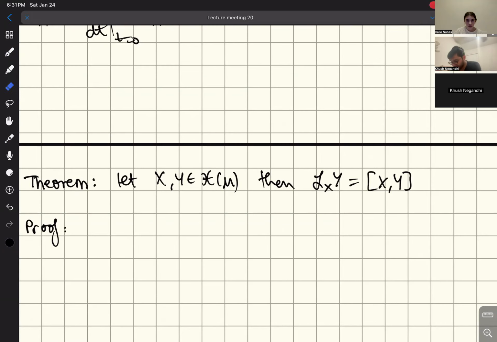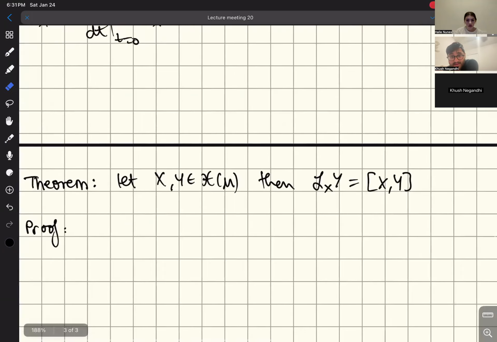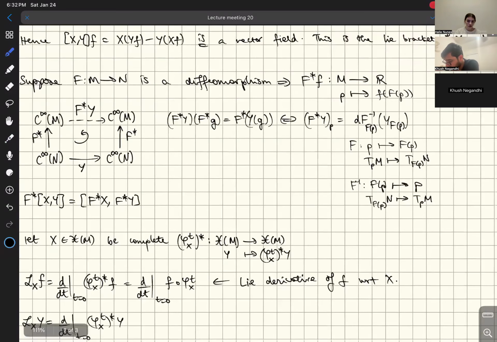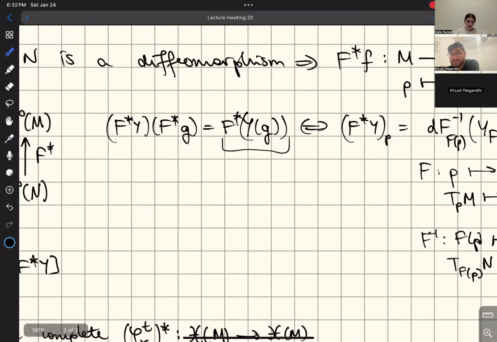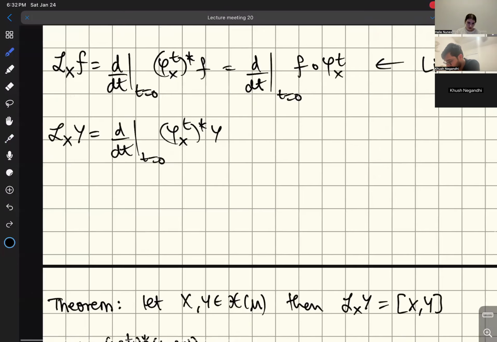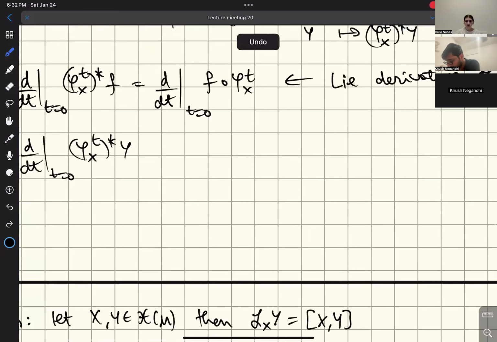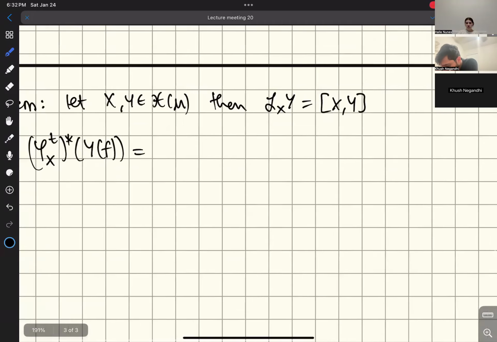So note that phi pullback of Y of f, remember our commutative diagram up here, is just equal to the pullback of the vector field applied to the pullback of the function.